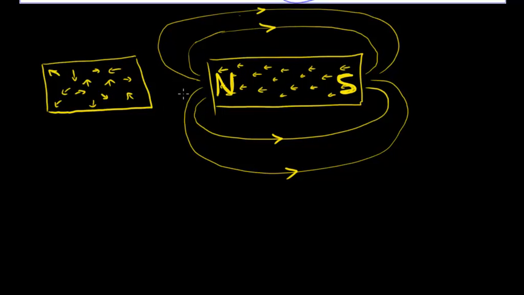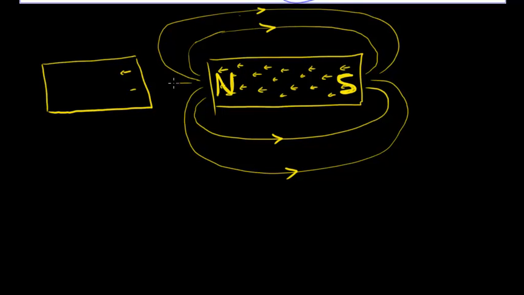But if you bring it close to this magnet that we've got, then the lines of force will start to interact with that material. And it'll start to line up all of these tiny domains, these tiny magnets inside, so that they start to point towards the South Pole.